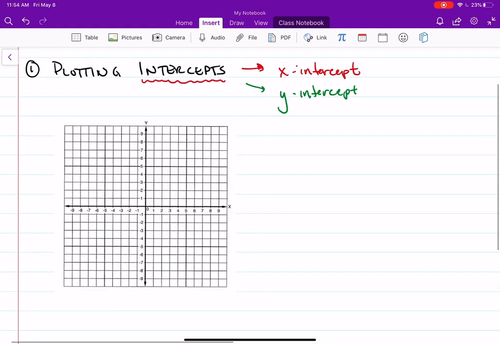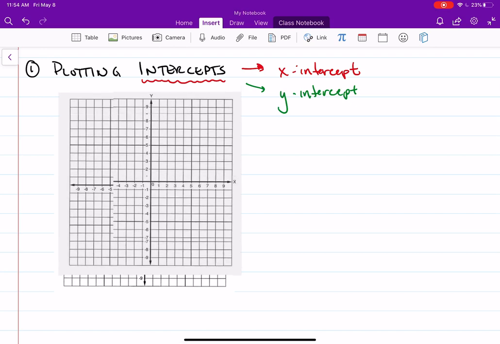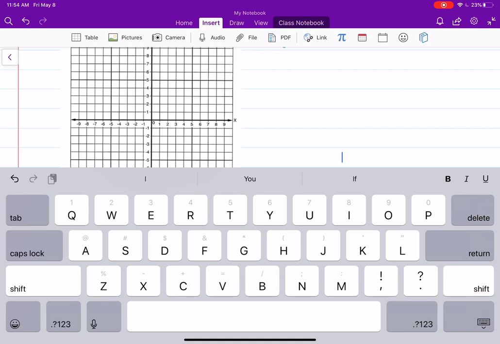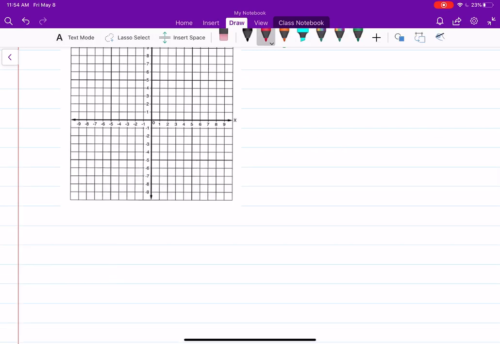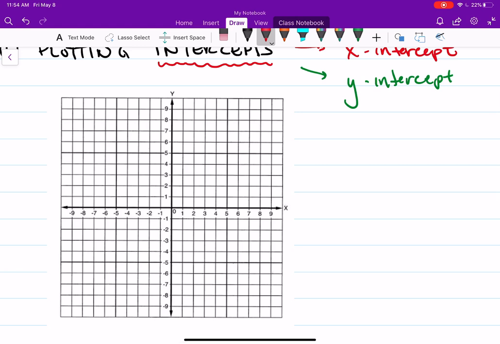All right, so let's take a look at this. So we said that the x-intercept is where it crosses the x-axis.